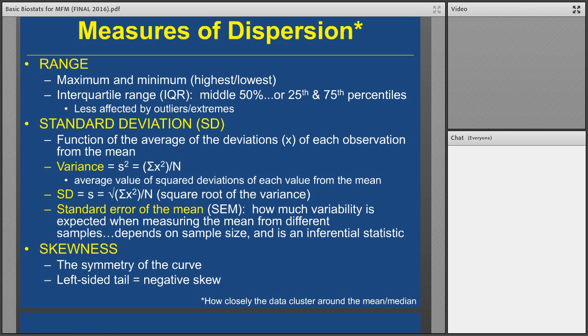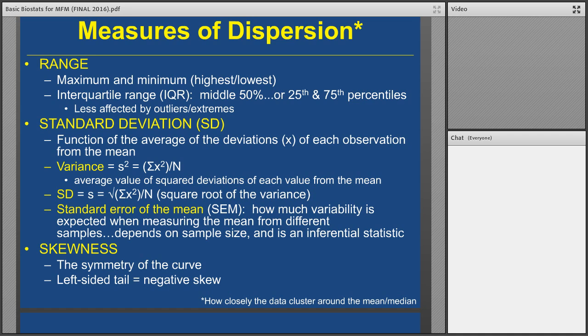So you have measures of central tendency, and then you have measures of dispersion, or how closely the data cluster around the mean or median. For this, generally we use range and standard deviation. Range is the maximum and the minimum that we're reporting. It can be the highest and the lowest, or most commonly we report the interquartile range, or the IQR.